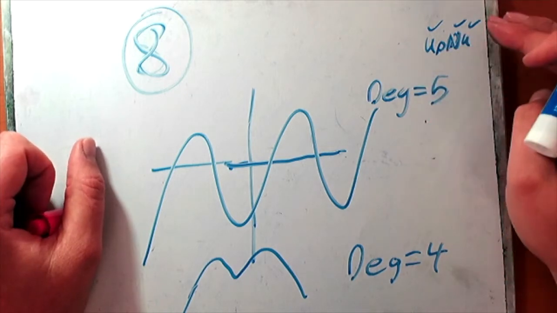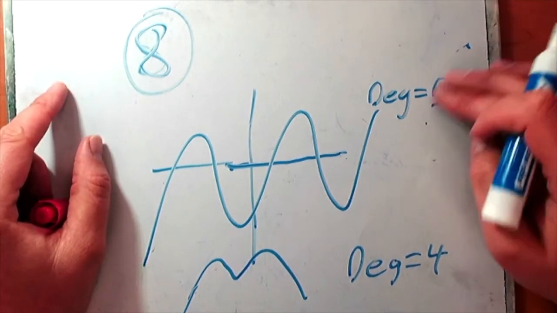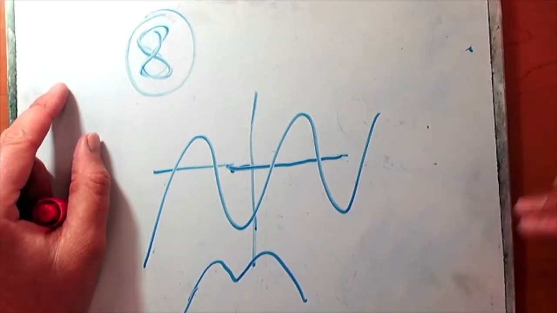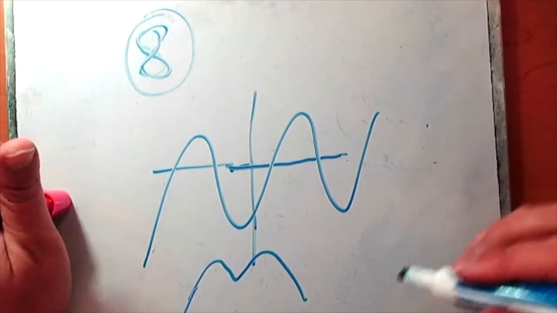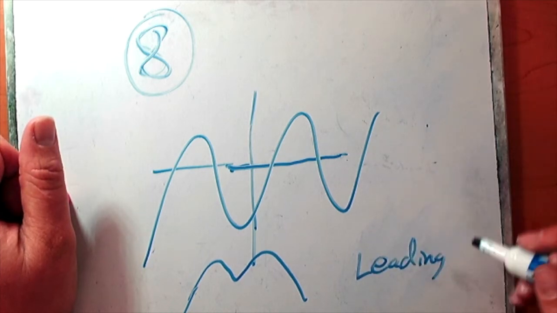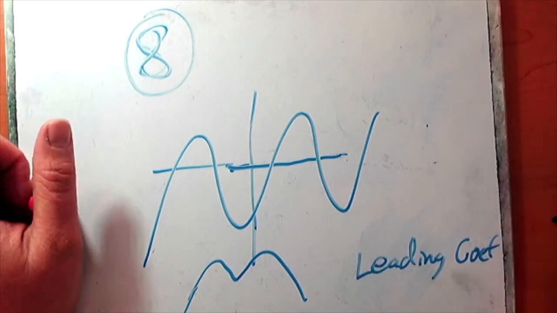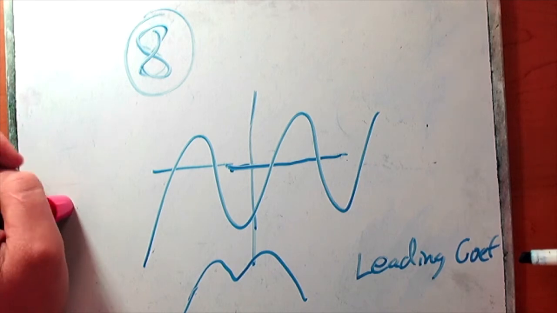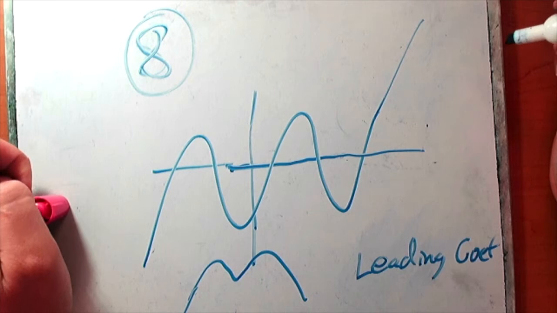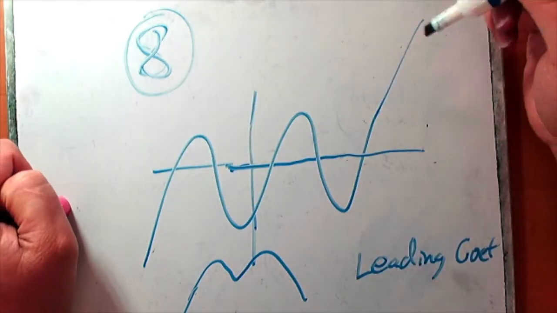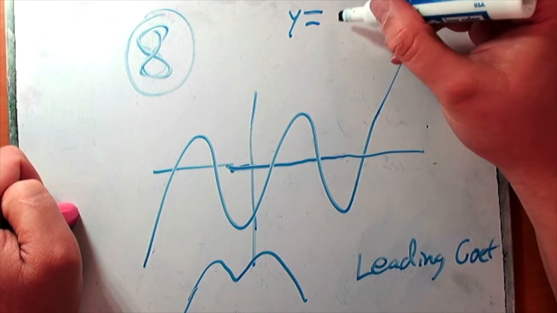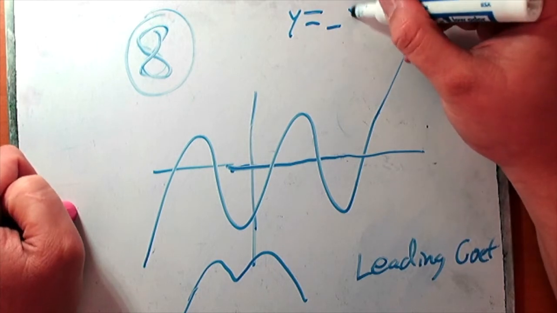Now, next up is the positive or negative leading coefficient. Essentially, exponents make things happen much faster than anywhere else. In this function, we said it's an x to the 5, which means if we write it out, we've got y equals something, we don't know, x to the 5.